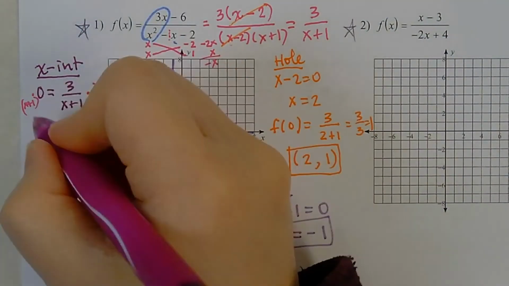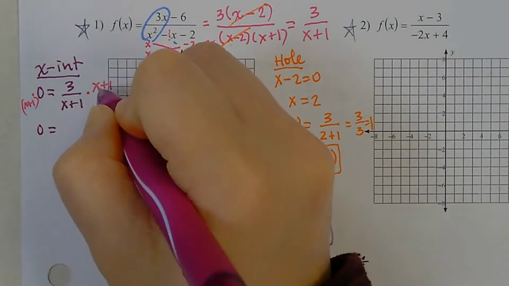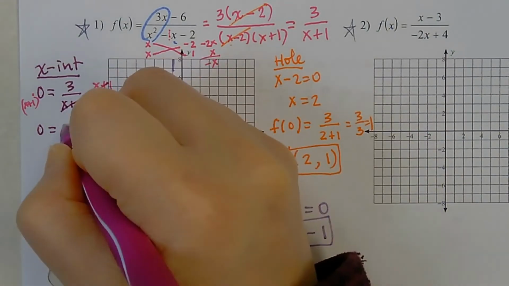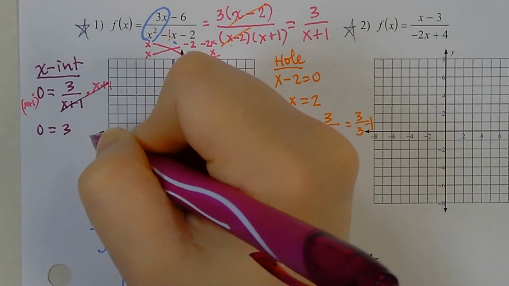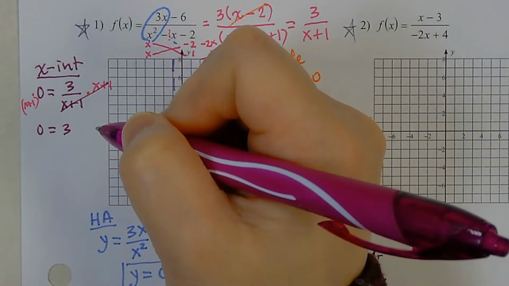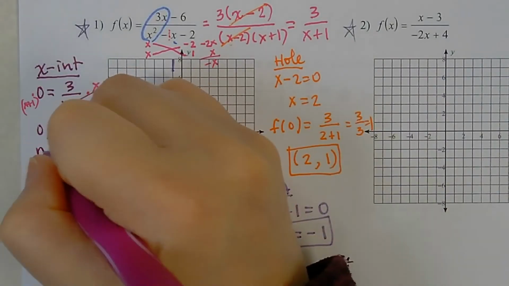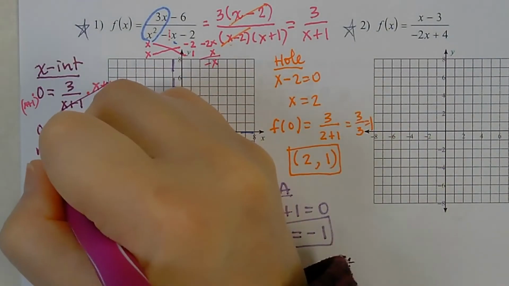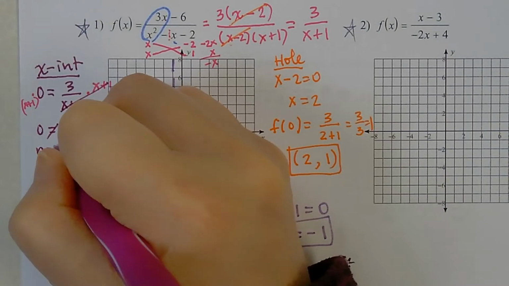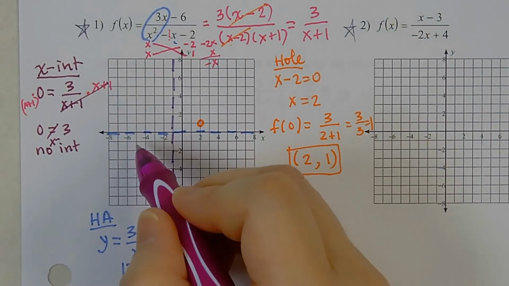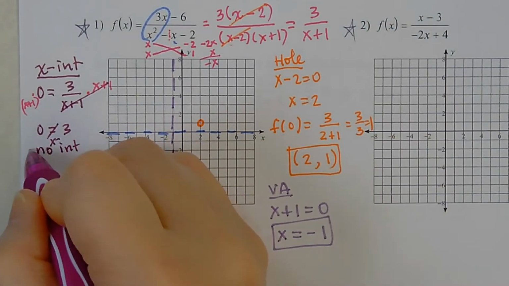Anything times 0 is just going to be 0. And these are going to cancel out, and all we have left is the 3. And does 0 equal 3? Do you notice how we have no x's left? This cannot be. So you just say there are no x-intercepts. I'll just go no x-intercepts.